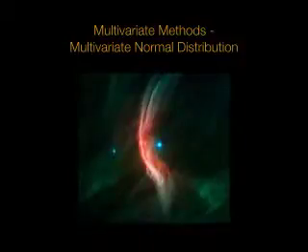Multivariate normal distribution. In the multivariate case where x is d-dimensional and normally distributed, we have p(x) equals 1 divided by (2 pi) to the d over 2 times the absolute value of sigma to the 1/2, times the exponential of minus 1/2 times (x minus mu) transpose times sigma inverse times (x minus mu).